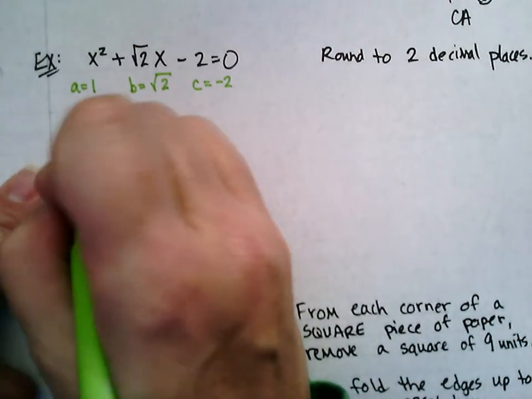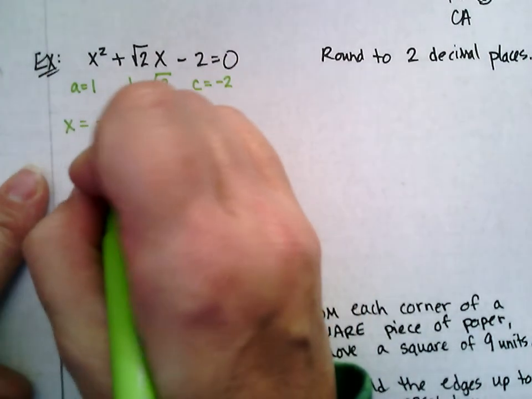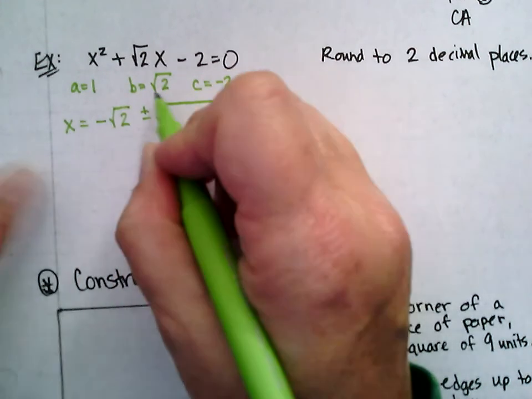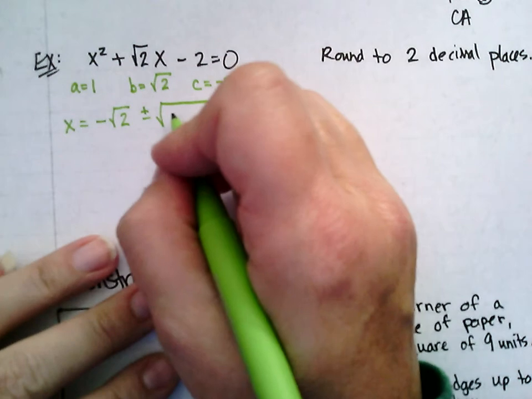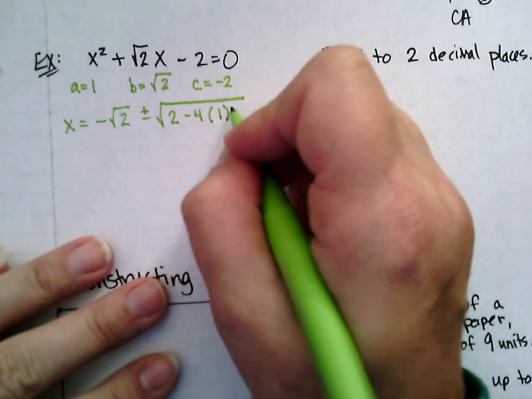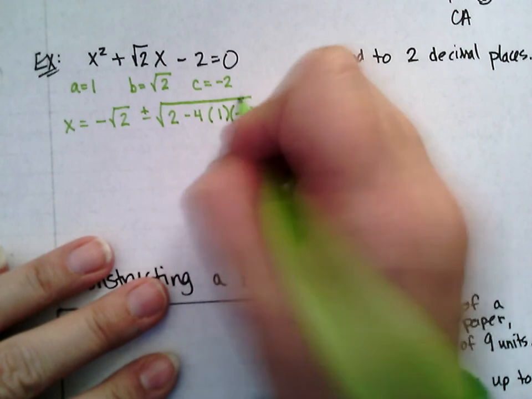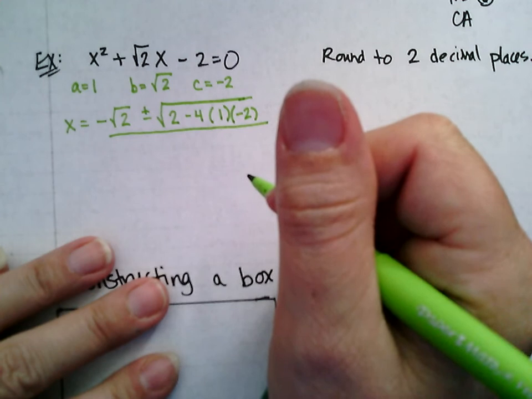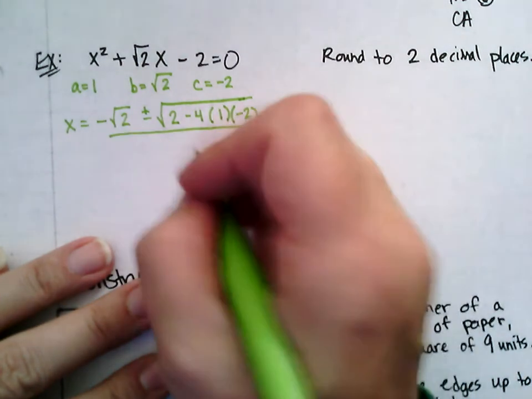So I'll have x equals the opposite of b, so negative square root of 2, plus or minus square root of b squared. Square root of 2 squared is a regular 2, minus 4 times a, which is 1, times c, which is negative 2, all over 2a. So 2 times 1, 2. Okay.